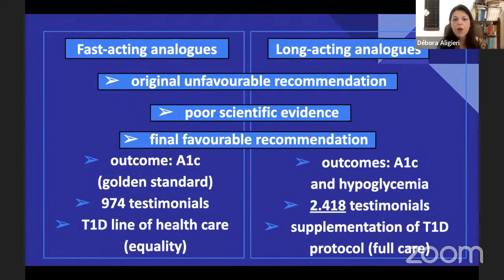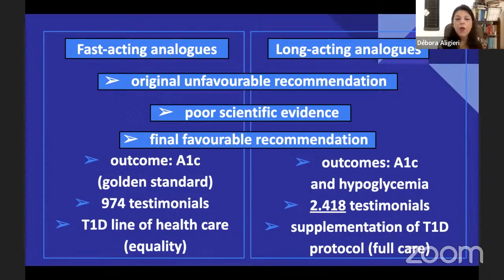In both cases, we had an original unfavorable recommendation from the National Committee of Technology Incorporation, because there was poor scientific evidence of better outcomes of the analog. But in the first case, they only analyzed as a relevant outcome the glycated hemoglobin, that is the gold standard of diabetes control.